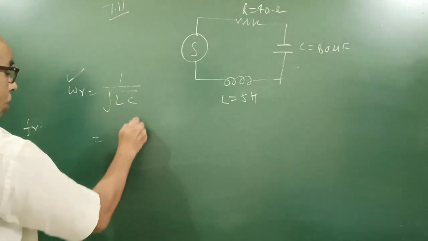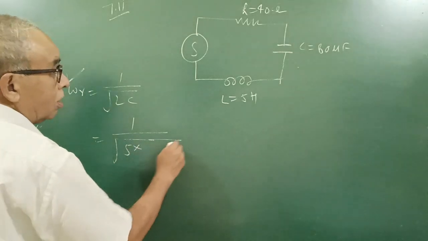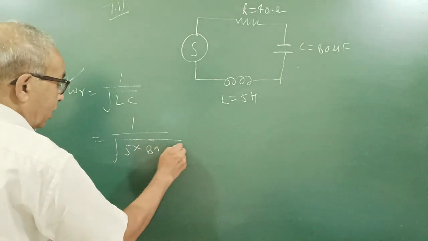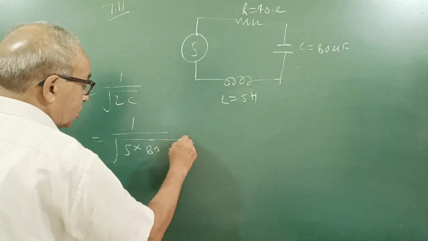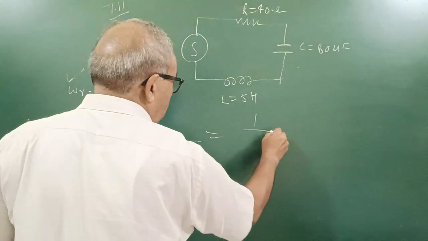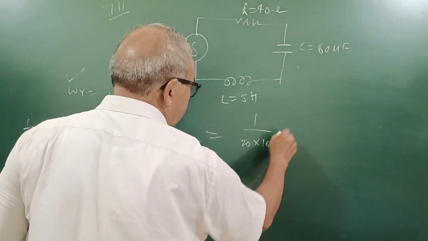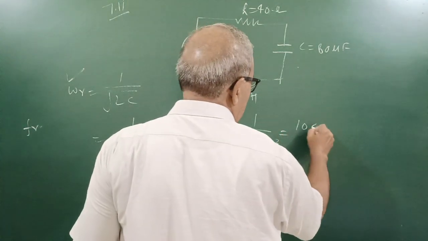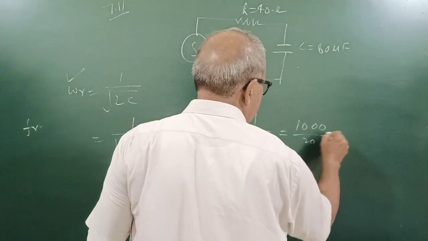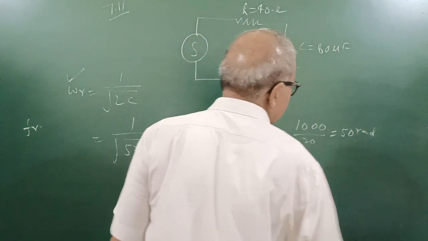So it is 1 upon under root of L, 5, C, 80 microfarad, 80 into 10 to the power minus 6, put in farad. It is 400. So 1 upon 400 root 20 into 10 to the power minus 3, 1000 upon 20. It is 50 radian per second.